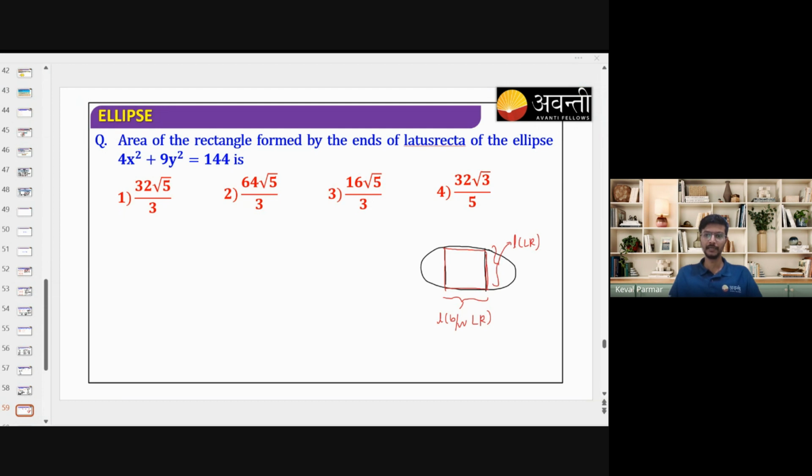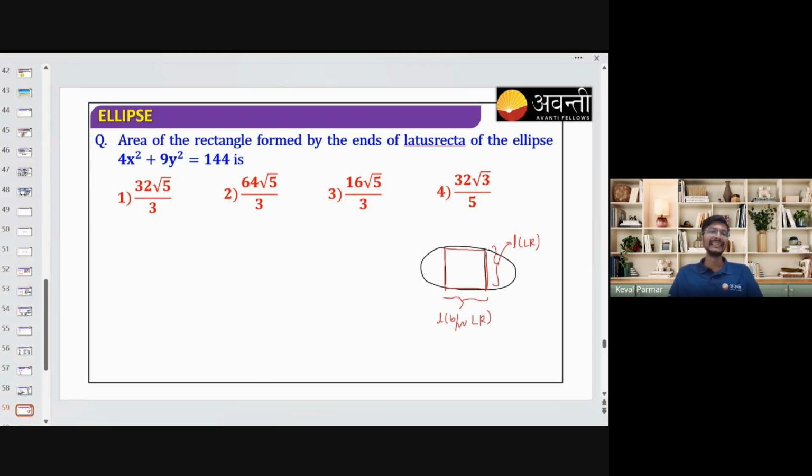I hope Girisha has a pen and paper to solve. Chalo, let's see. Hello, Girisha, are you there? Explain once. What to explain, beta? Acha, you were not there in the last lecture, yeah? Ellipse? Yesterday's lecture, were you there?